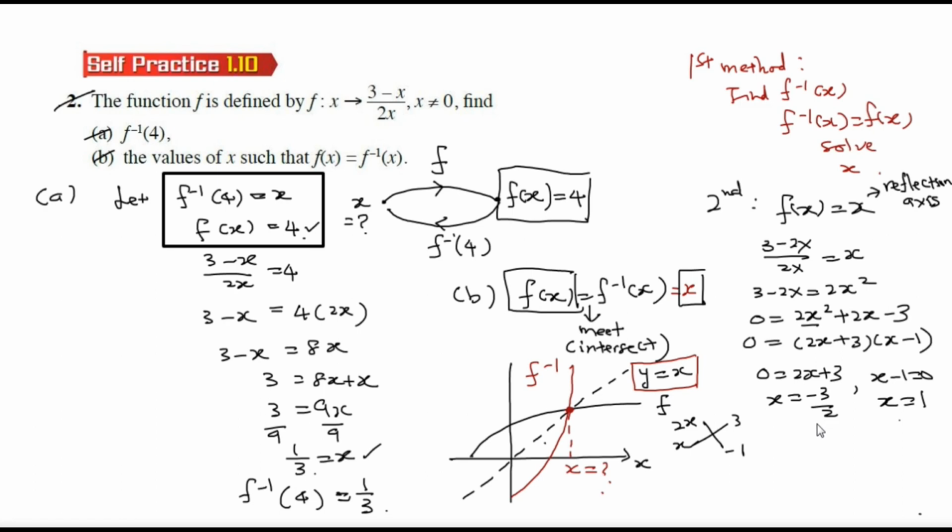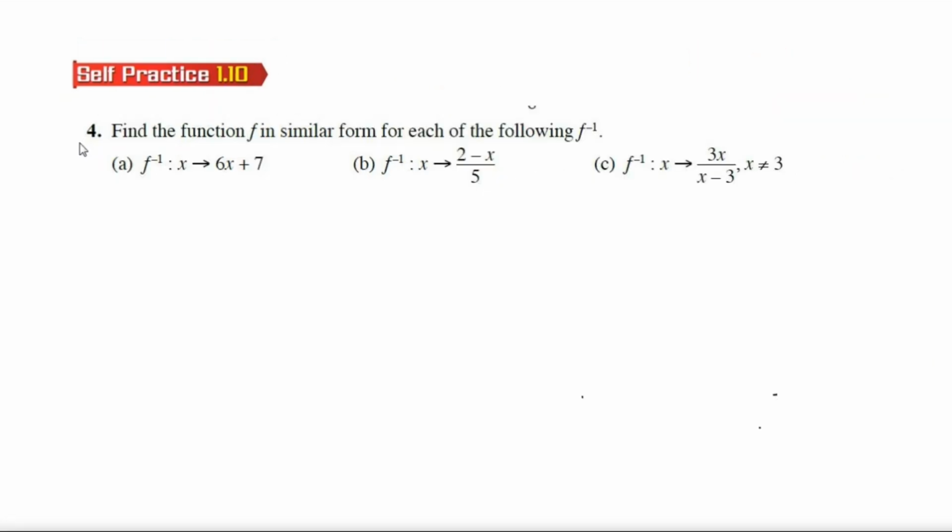Okay, now let us move to question number 4. Find the function f in similar form for each of the following f inverse. A, given f inverse x equals 6x plus 7, you are required to find f x. So how to start? You can start by letting f x itself equal y, and then f inverse y equals x.